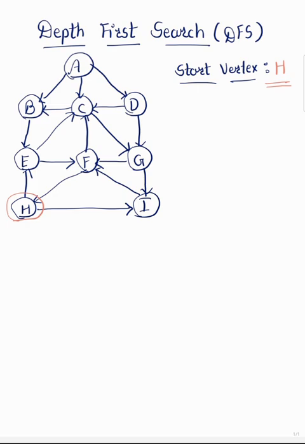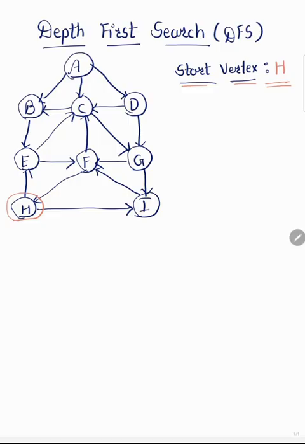So in an examination, make sure to read the question twice to see what starting vertex is given. If it is given properly, it's not an issue; you just need to follow it. If not, then you simply mention that this is your starting vertex.